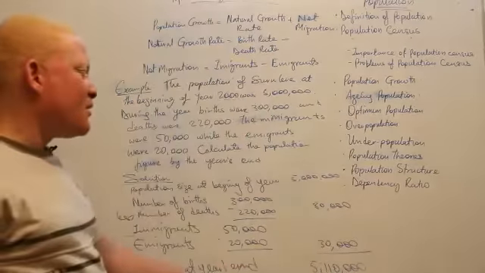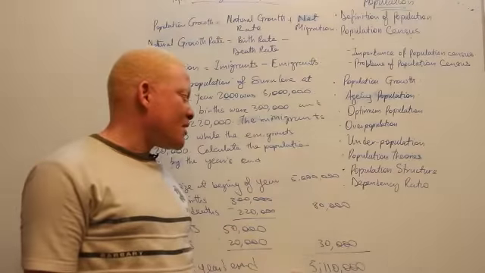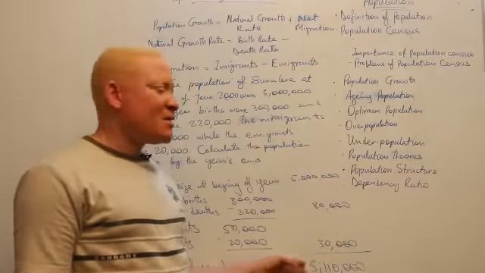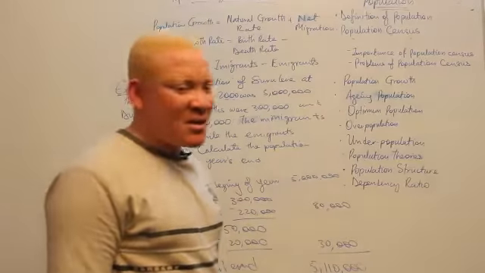But now, what is the difference between this and this? That means 5,110,000 and 5 million is our population growth in population size.